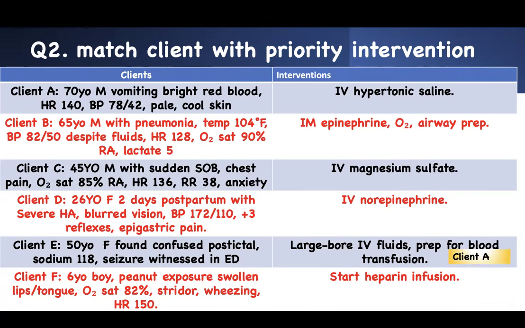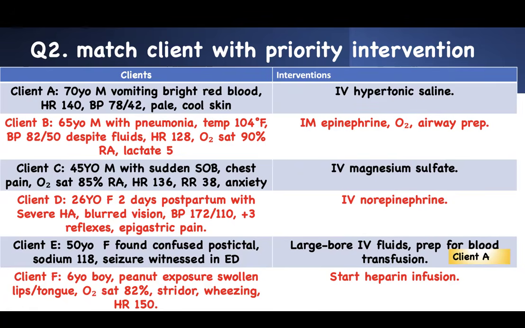Client B, pneumonia, septic shock, refractory to fluid. Any patient who is refractory to fluid, you need to start squeezing. That's what I call it. You fill the tank and you squeeze. Filling the tank is giving them fluid. You get to a point, the blood pressure will not respond with fluid anymore.